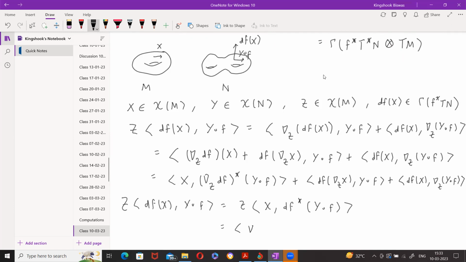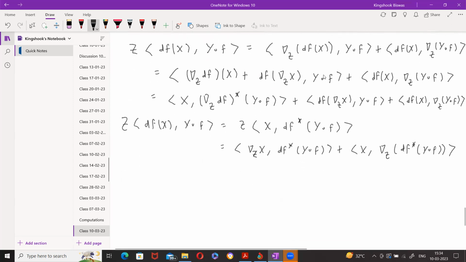This is going to be nabla Z X inner product with Df star of Y composed with f, plus the inner product of X with nabla Z of Df star of Y composed with f.